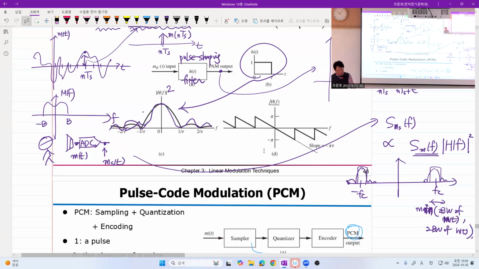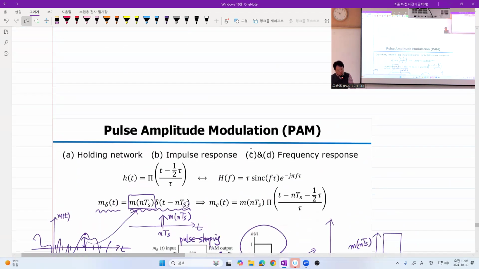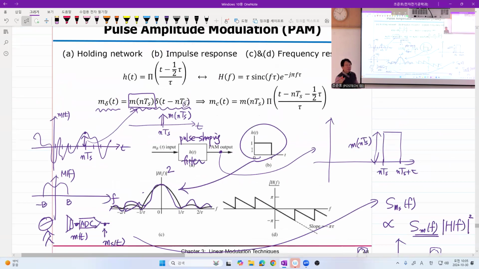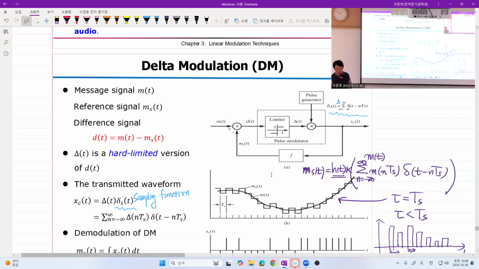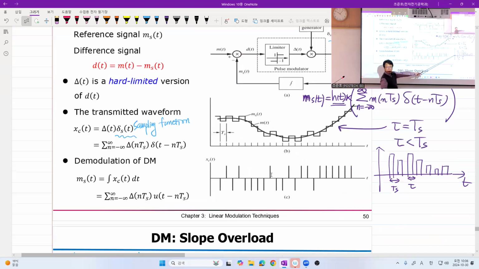And this is the method to use pulse amplitude modulation, which is half digital and half analog modulation technique. And here, modulation means actually a conversion technique. So you convert a real baseband signal, in our case the speech signal, to another real baseband signal. But it looks very digital. Got it?